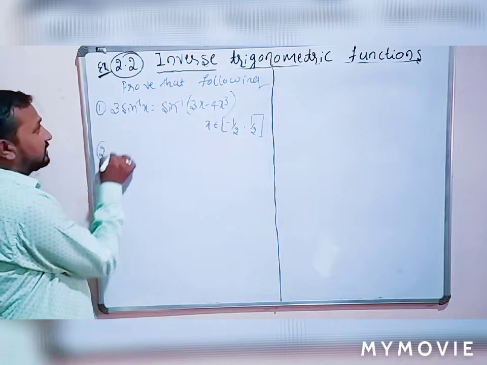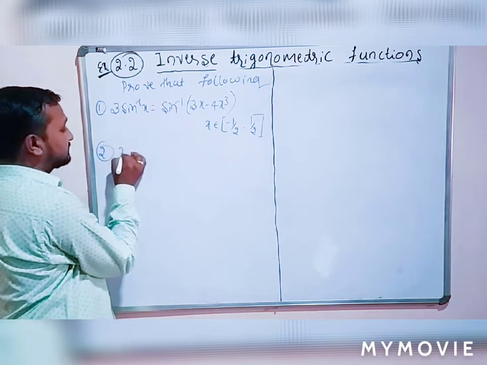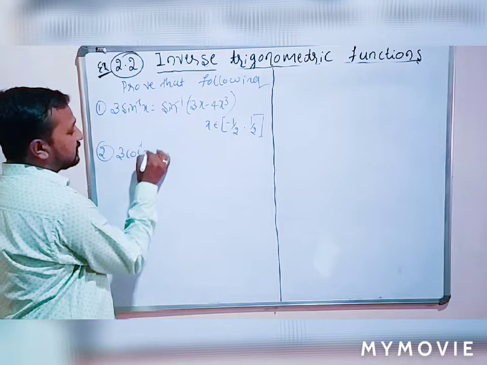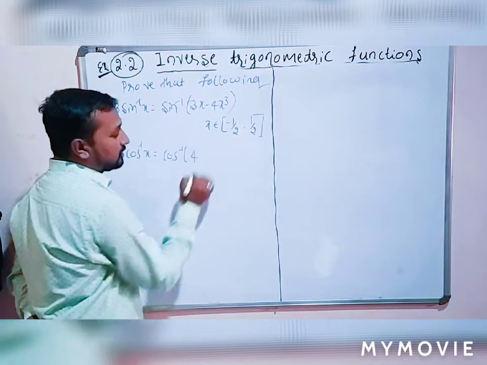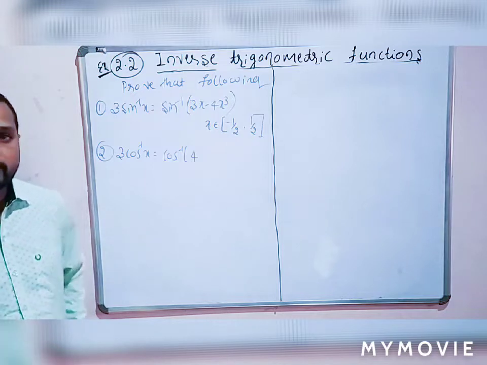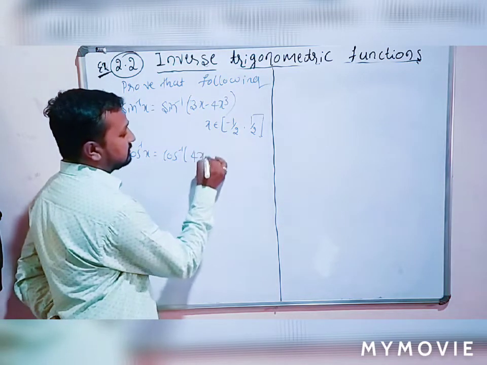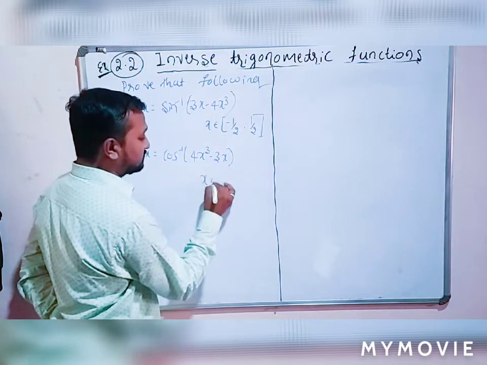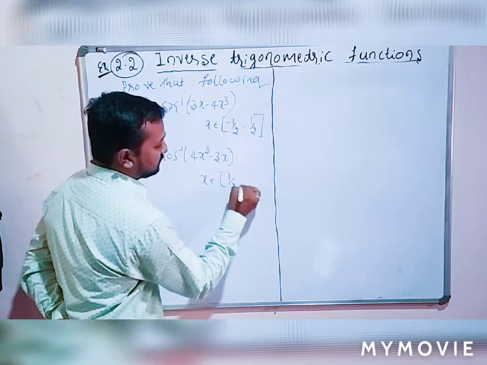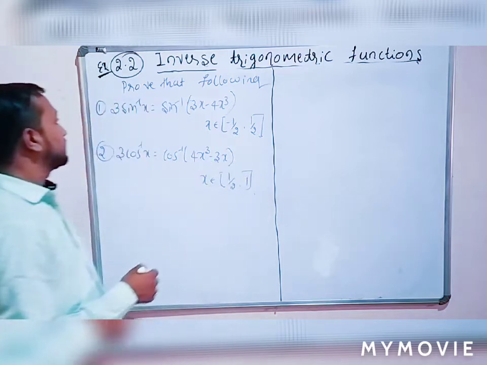And second example, prove this: 3 cos inverse of x is equal to cos inverse of 4x cube minus 3x, for all x belonging to 1 by 2 to 1.